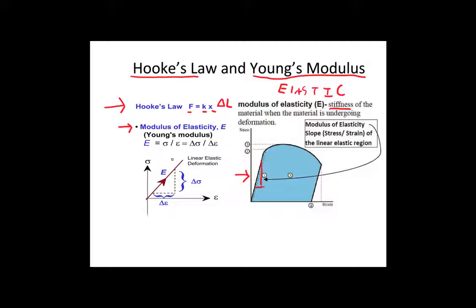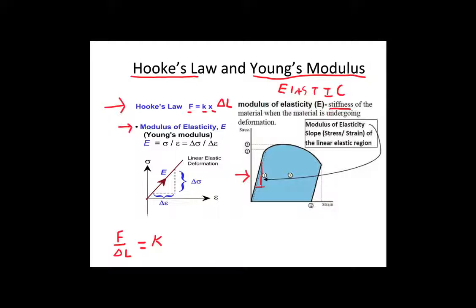The reason why I grouped these two together is because they are related. We can rearrange Hooke's law to say that force over displacement, which I'm writing as change in length, is equal to a constant, the spring constant, right?